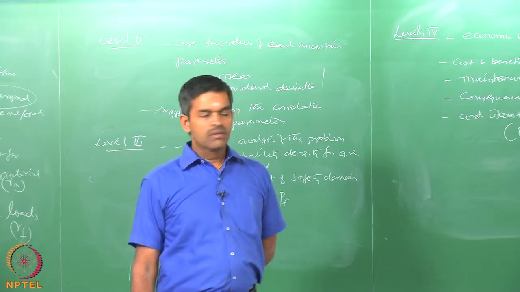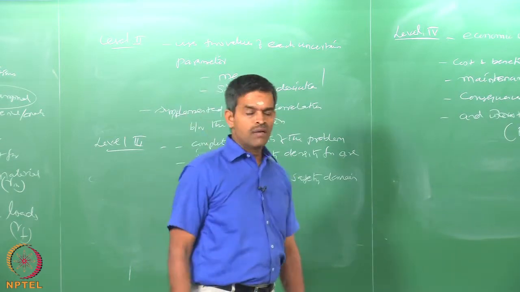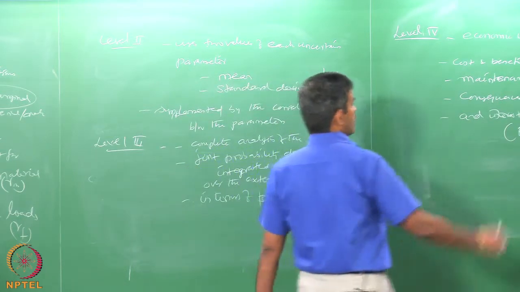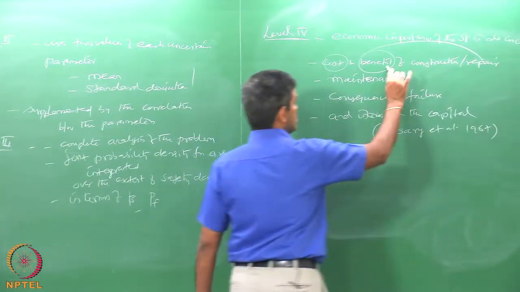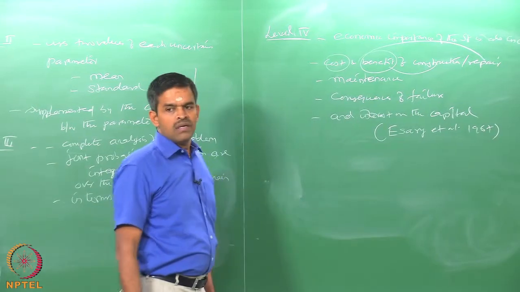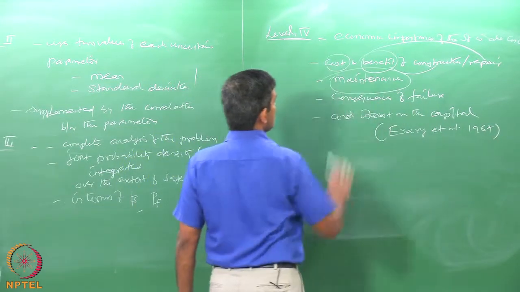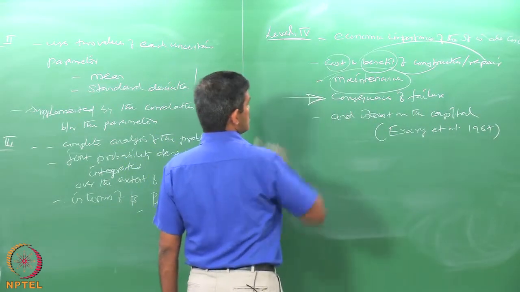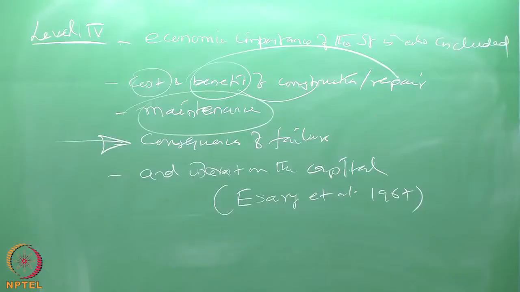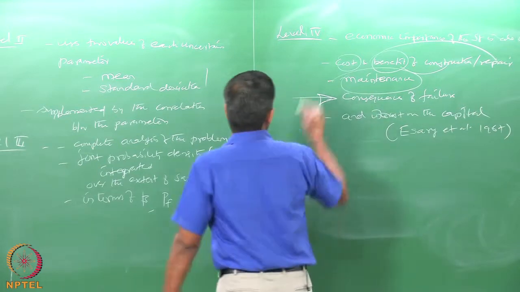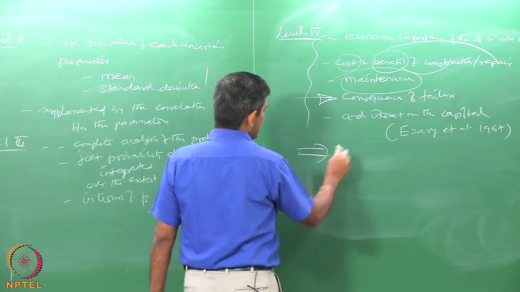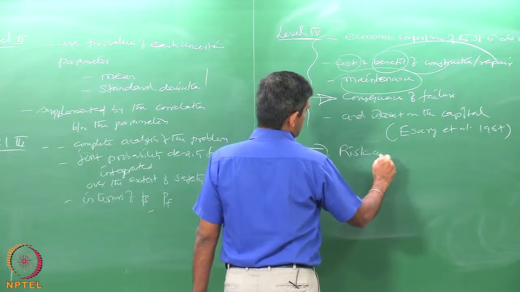They all fall in level 4 reliability study, where one has to look into the cost and the benefit of repair or construction, and the level of maintenance. One should also look into the consequence of failure and not stop at estimating the probability of failure. So, it is essentially converging towards risk assessment.